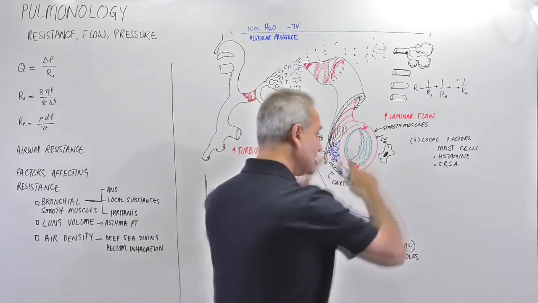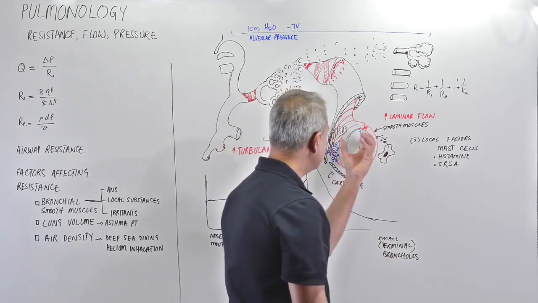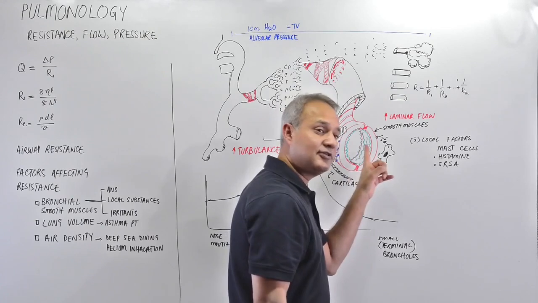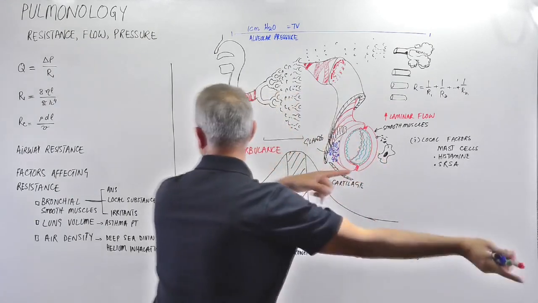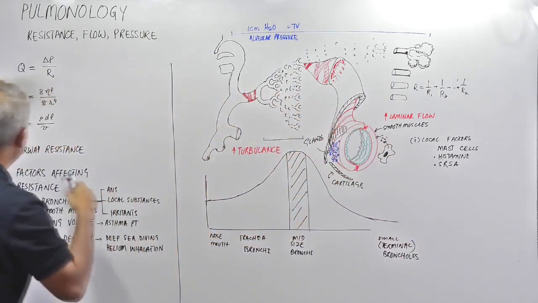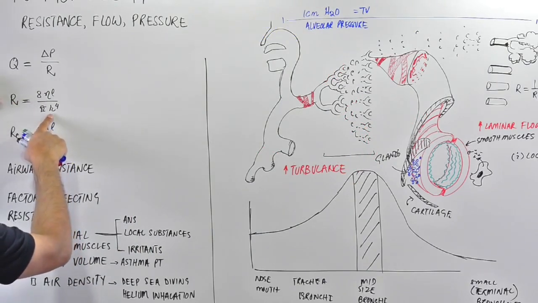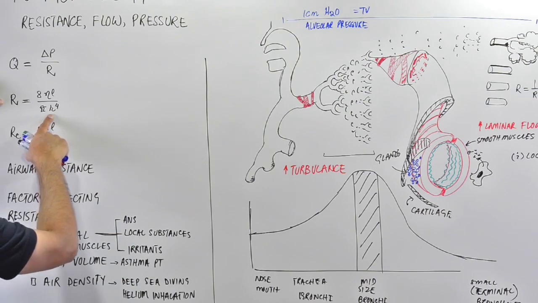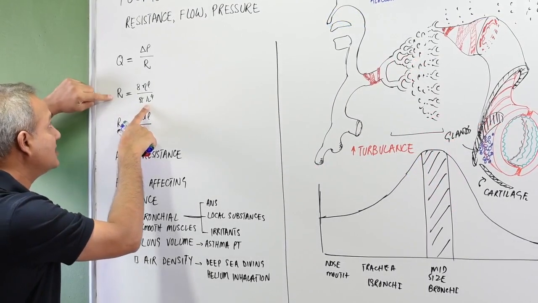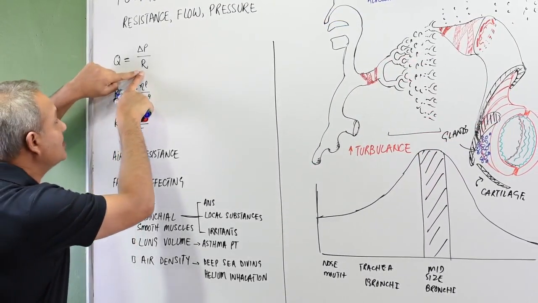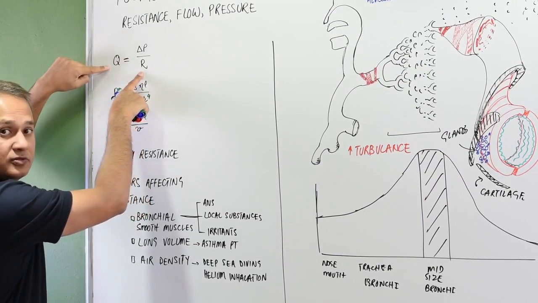Now keep in mind, in the context of this lecture, when the smooth muscle constricts, the diameter would reduce. When the diameter reduces, the radius reduces, and that would increase the resistance. Reduced radius would increase resistance. Increased resistance would reduce flow.